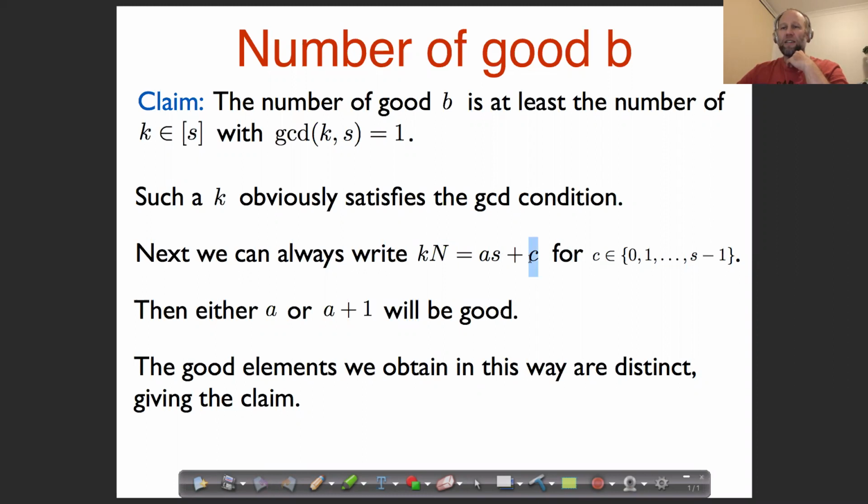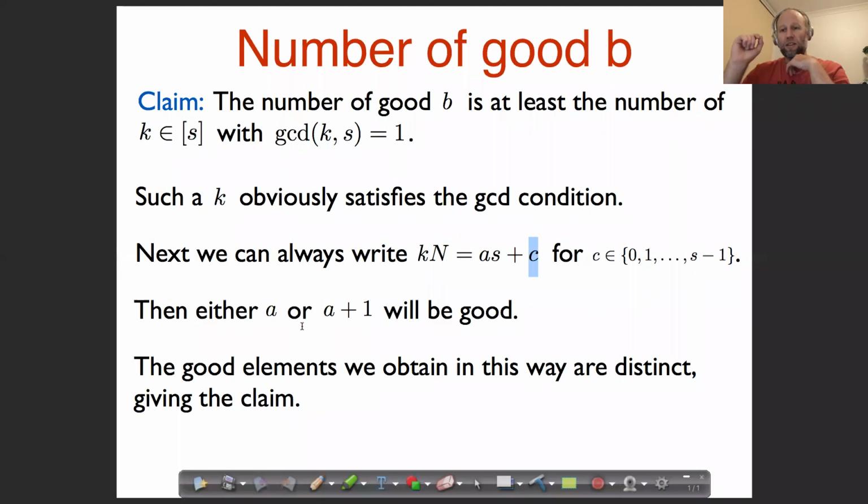Now let's think about C. If C is at most S over 2, then that means that A is good, because then K times N minus A times S will be less than S over 2, and K is relatively prime to S. Now, if C is greater than S over 2, then that means that A plus 1 is good, because then A plus 1 times S minus something at most S over 2 would be equal to K times N. So basically, for every K which is relatively prime to S, there is an associated good number.